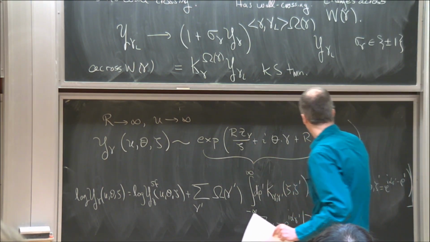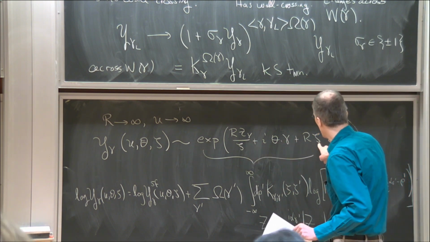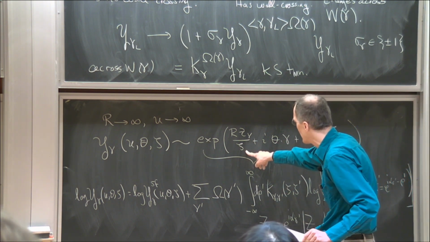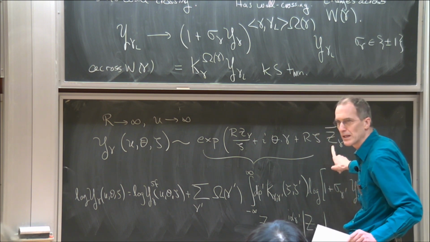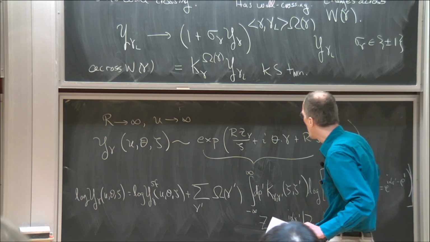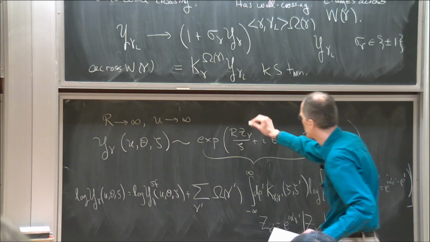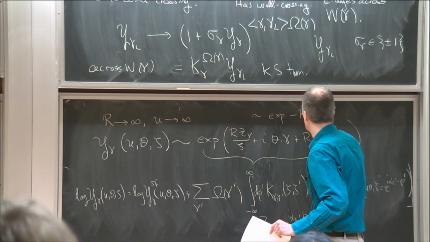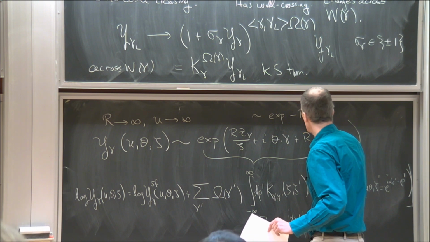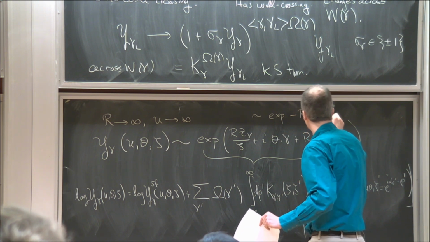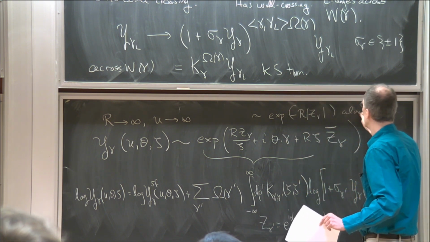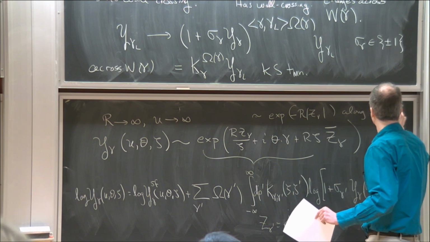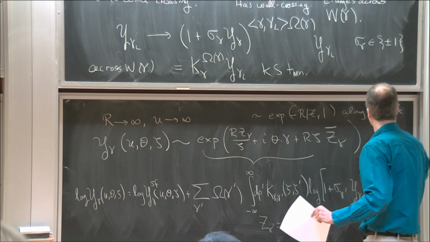If you look at the appropriate phase of zeta, then this thing is going to be exponentially decaying as r goes to infinity. So this is going to go like exponential minus r times the absolute value of z gamma along a suitable ray in the zeta plane.